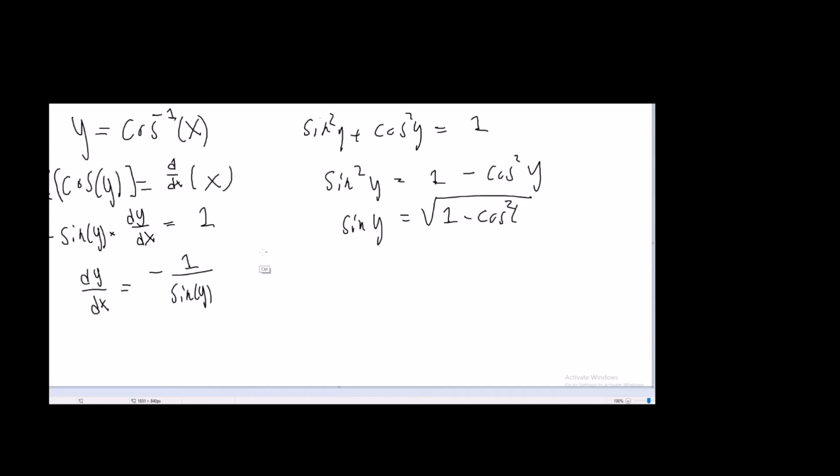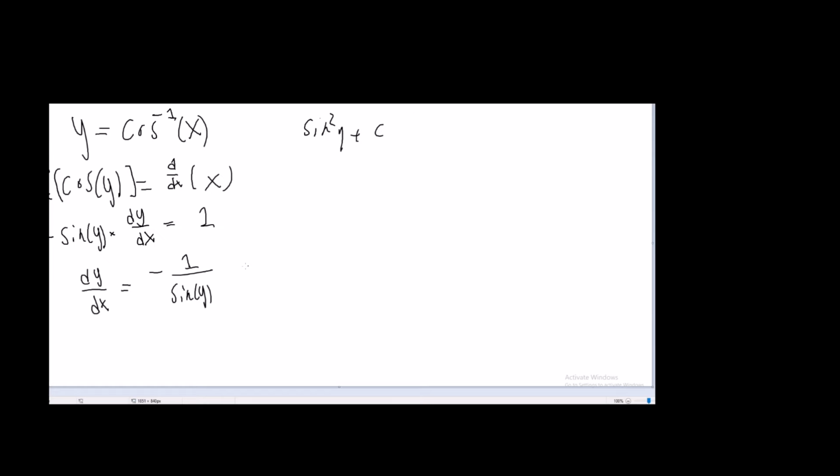So this should be equal to negative 1 over, wait, can I erase? Yeah. So this should be equal to negative 1 over the square root of 1 minus cosine squared of y.